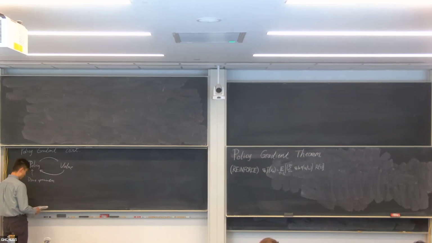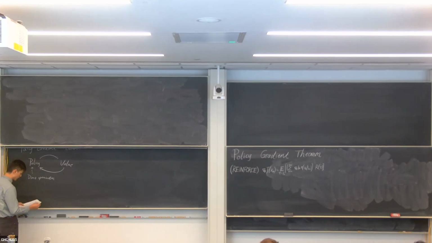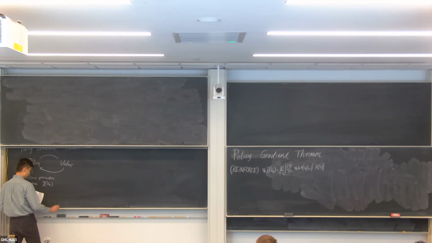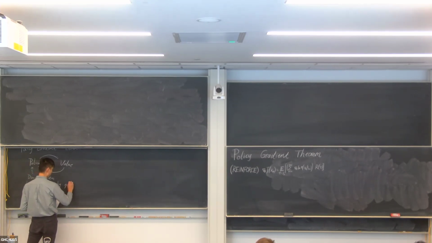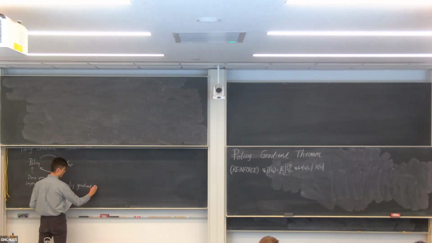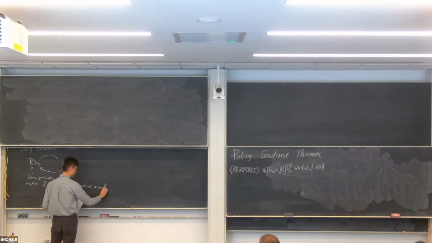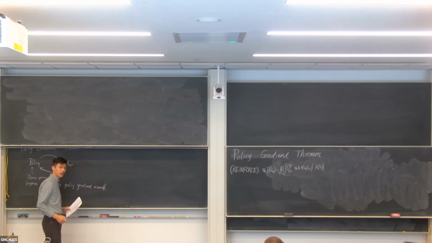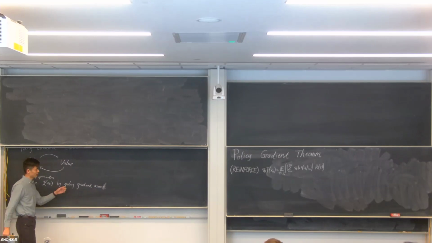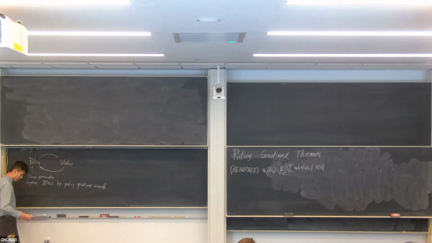Right? We'll get into some of the details later, but basically, you want to improve the so-called objective function by policy gradient ascent. Gradient ascent usually ends with a T, I believe.